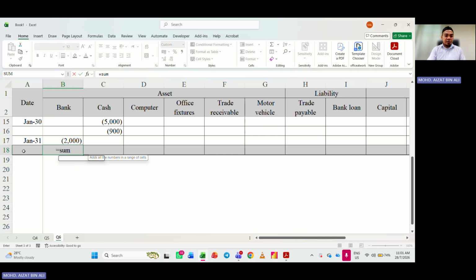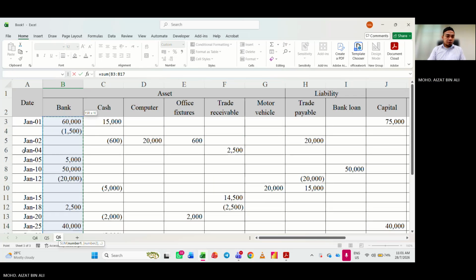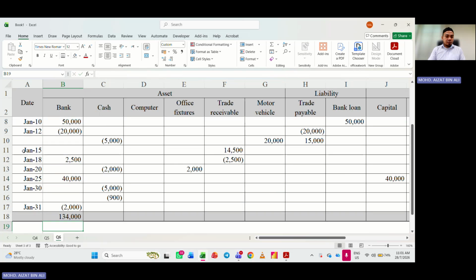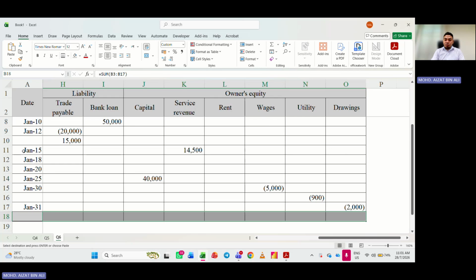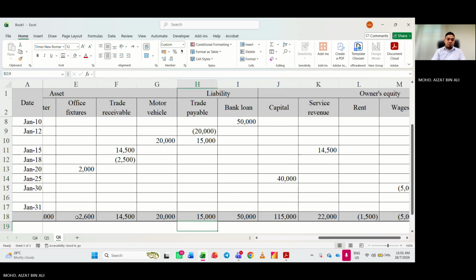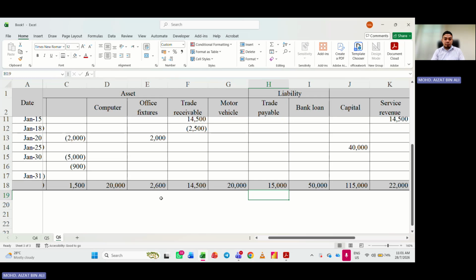Next step is to total everything. So make sure you total up everything. So that is the total for bank, and make sure you calculate everything. Next.